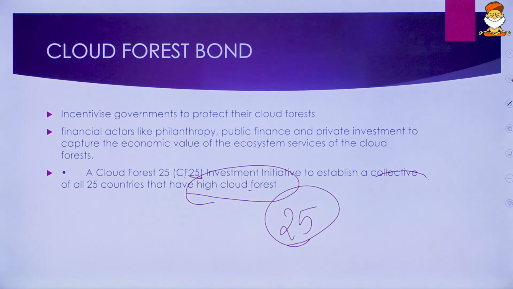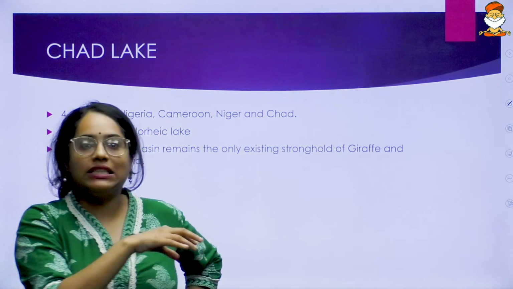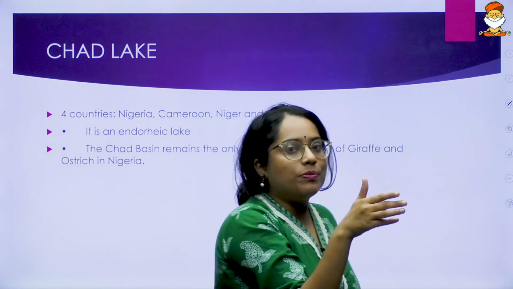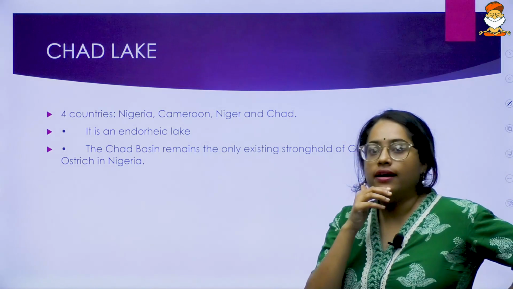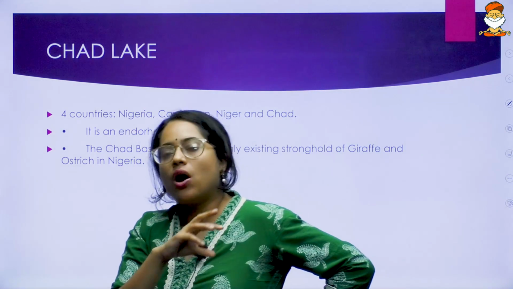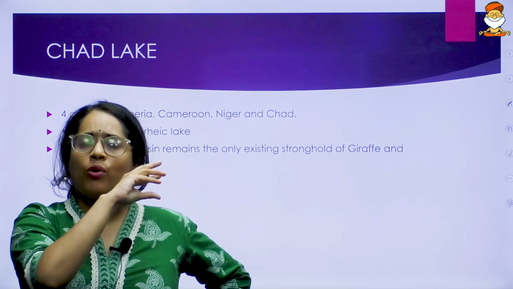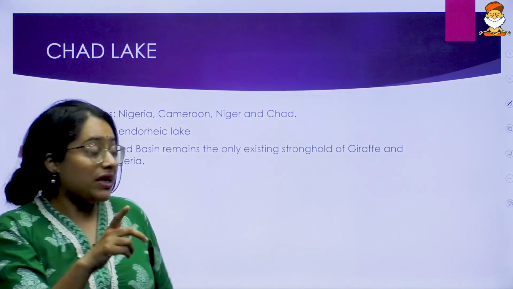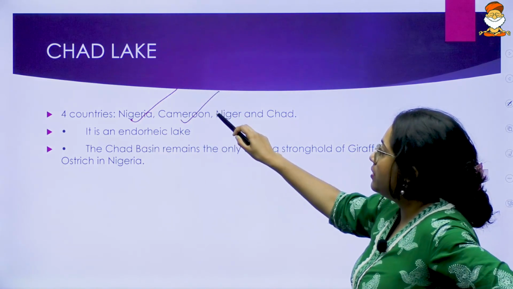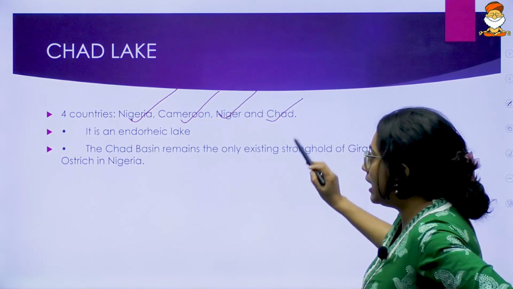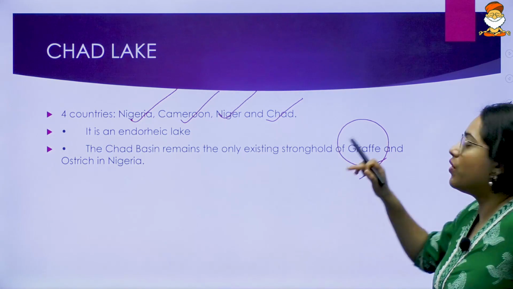The next site is not an Indian site, but I felt you should be aware of it. This is Lake Chad. This is a lake that has now undergone such shrinking that it is now almost non-existent. Previously, Lake Chad involved countries like Nigeria, Cameroon, Niger and Chad, and it is one of those areas with high populations of giraffe and ostrich.